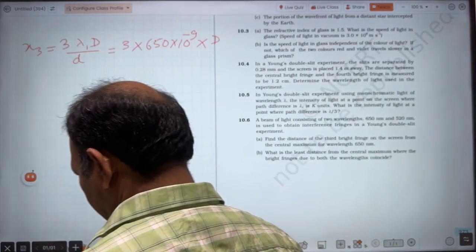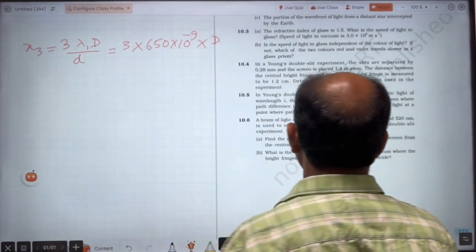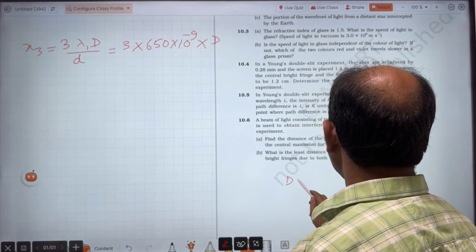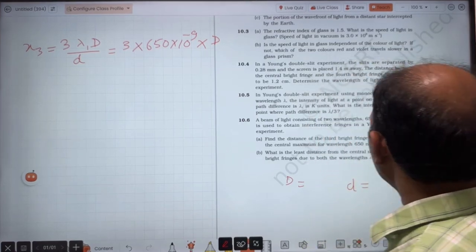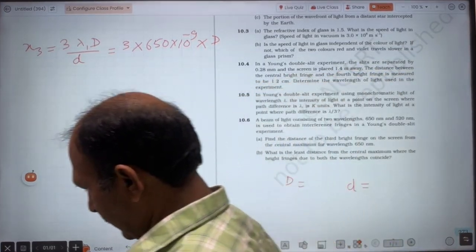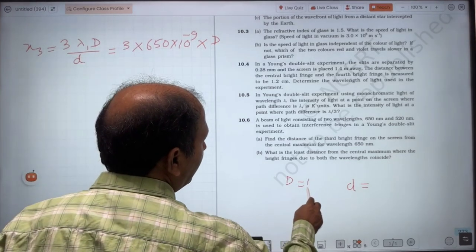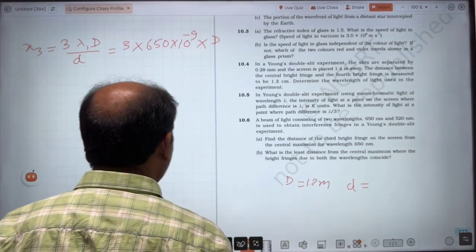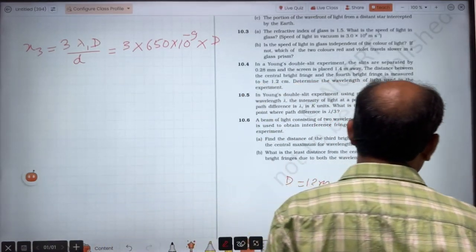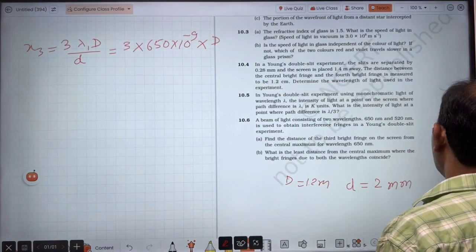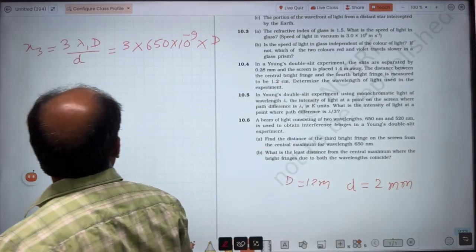Here the question is incomplete. Actually, information in the question is missing. Here there must be capital D and small d, otherwise the calculation can't be done. So capital D is given as 1.2 meter, and small d is also given as 2 millimeter. In the book, that portion is omitted by mistake.